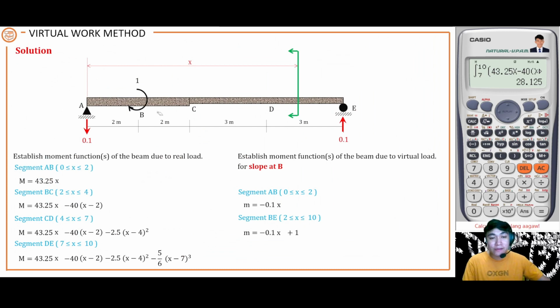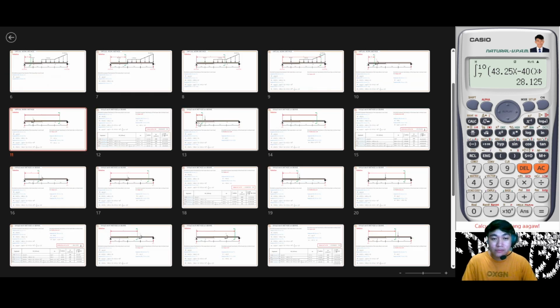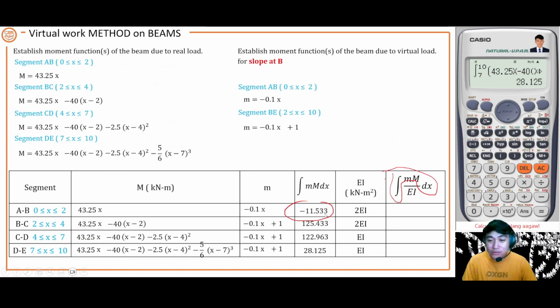Segment AB contains 2EI. Segment BC is 2EI. Segment CD is EI. Segment DE is also EI. So you just have to divide this value by 2EI. If you have the exact value of EI, let's say you have the modulus of elasticity and moment of inertia, divide this by the exact value of EI.